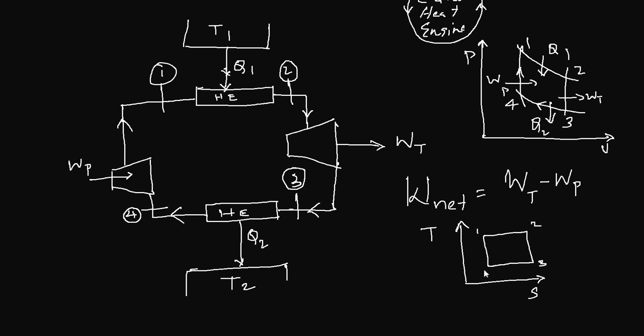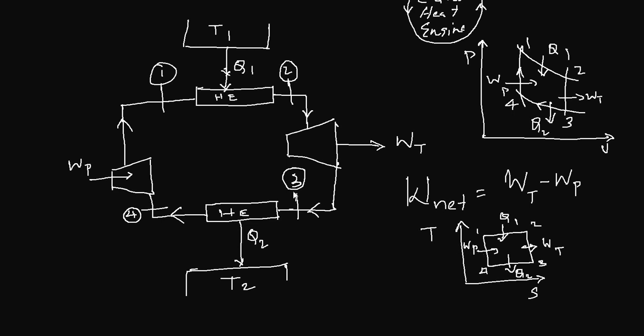As mentioned in the previous video, 1, 2 and 3, 4 are reversible isotherms, happening at constant temperature, and 2, 3 and 4, 1 are reversible adiabatics, where there is no heat transfer, only work transfer. This is your TS diagram, showing exactly the same processes: Q1, Q2, WT and WP.